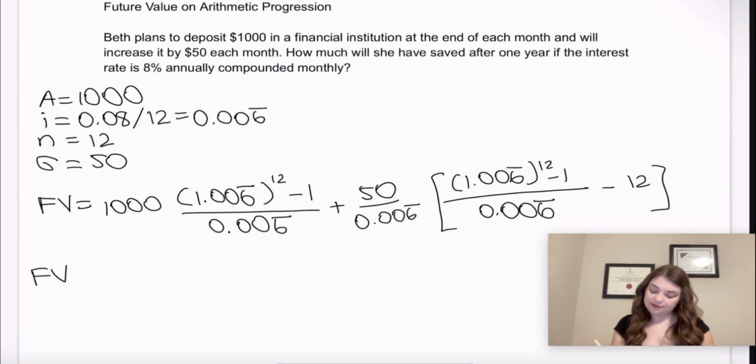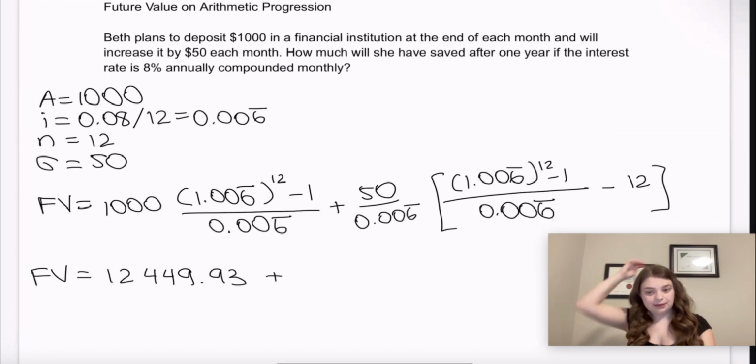That is going to give me $12,449.93 for the first part there.